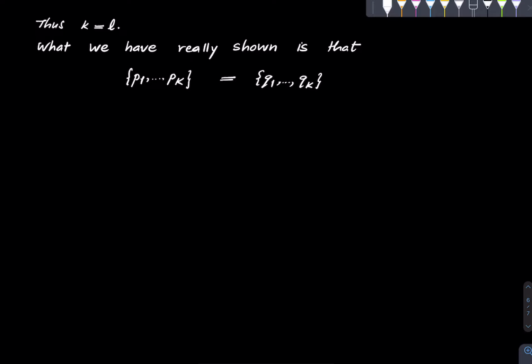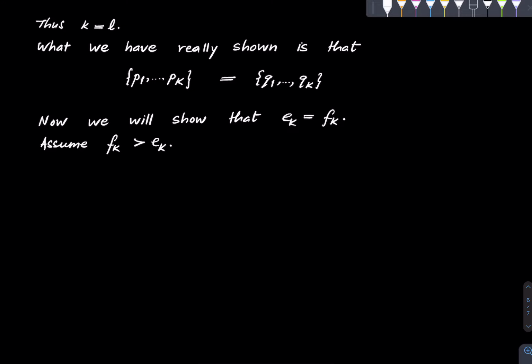So this is what we have already established. And now we will show that Ek equals Fk. Again, assume Fk is greater than Ek, and we'll produce a contradiction.